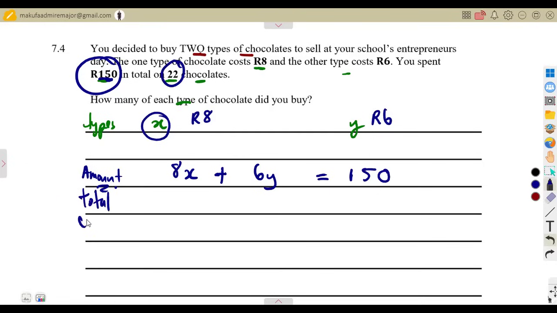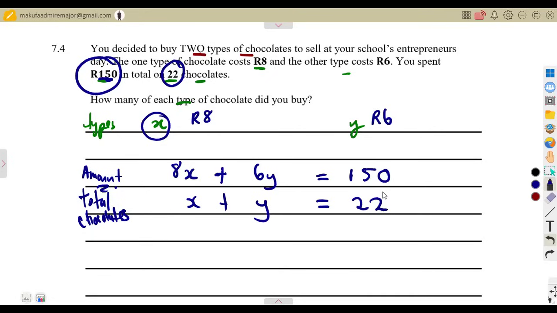The type x and the type y that you have combined, how many chocolates were we having? We were having 22 chocolates. So there are two equations which can be formed from just the information that you see there.